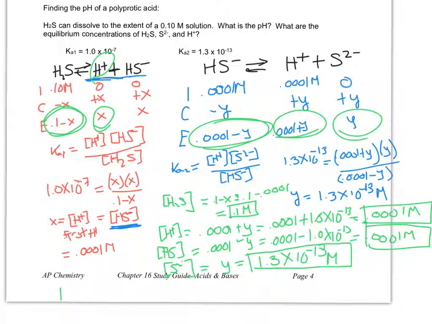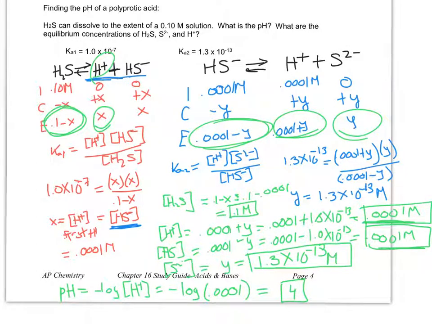Finally, my pH is negative log of the H plus. We got the H plus to be right there, 0.0001, which is a pH of 4.